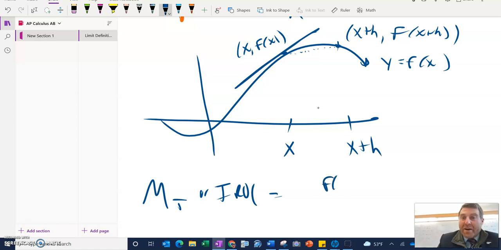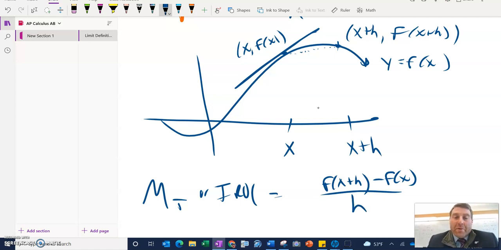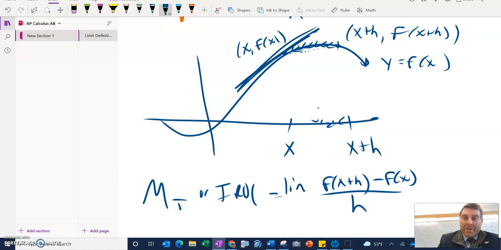And that slope is going to be f of x plus h minus f of x, that's change in y, over the change of x, x plus h minus x, that's just h. But right now, that's just a plain old boring slope of that dotted secant line, average rate of change on that function between these 2 points. So to make it the instantaneous rate of change at x equals x, we just drag these 2 points arbitrarily close together by letting h go to 0.